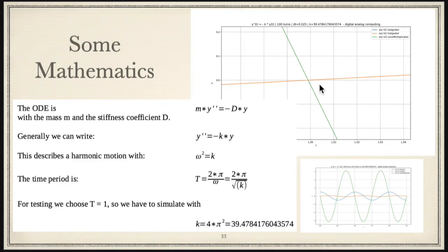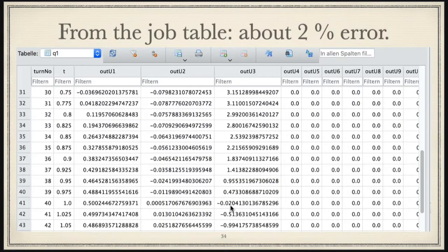In order to get the amount of this error, we look at the job table. This is this one. And at time t 1.0, we have this here. Minus 0.02.